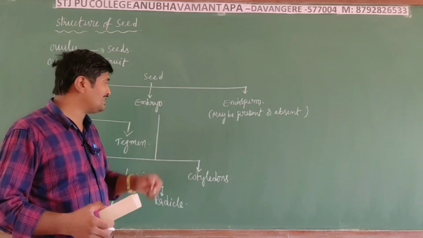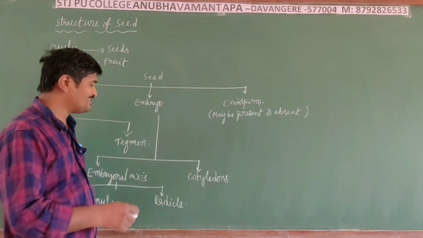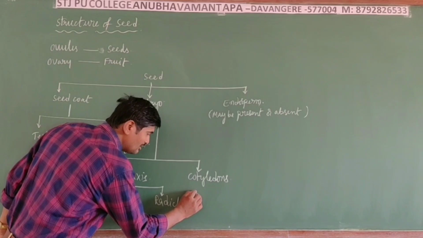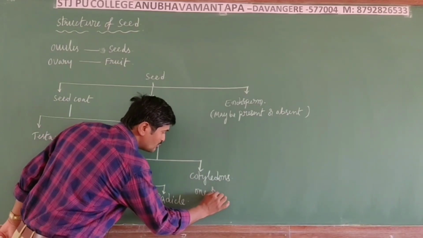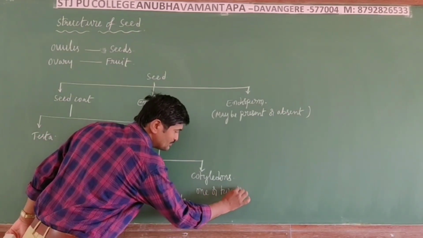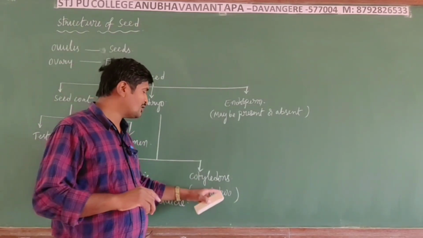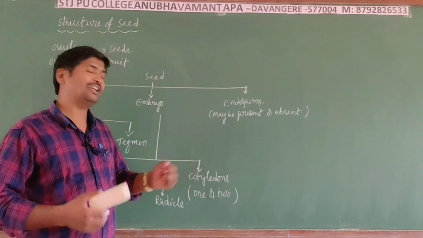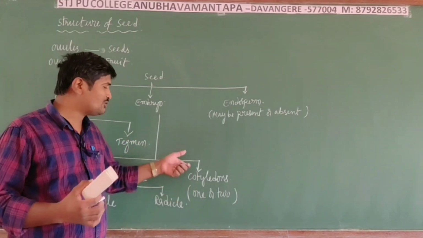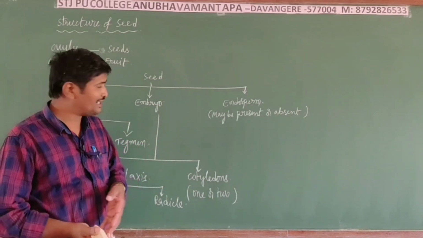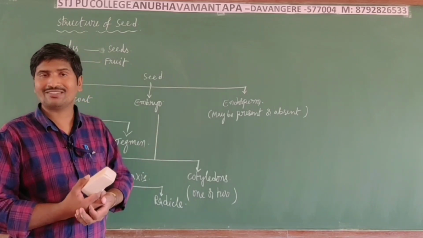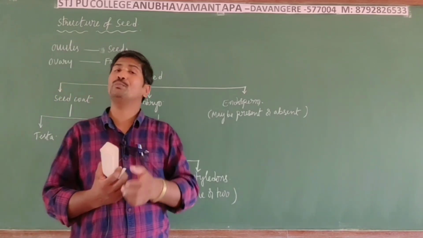See here the cotyledons: the embryo consists of one cotyledon or two cotyledons. Only one cotyledon is present in monocots and two cotyledons are present in dicots. Based on the number of cotyledons, the angiospermic plants are divided into two main classes.